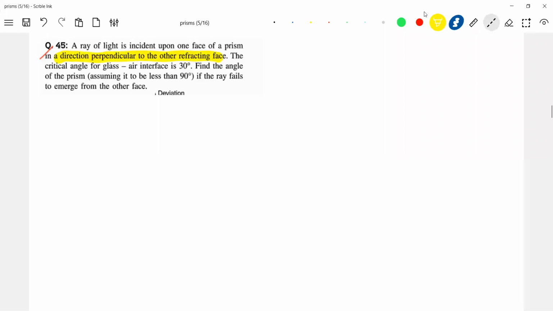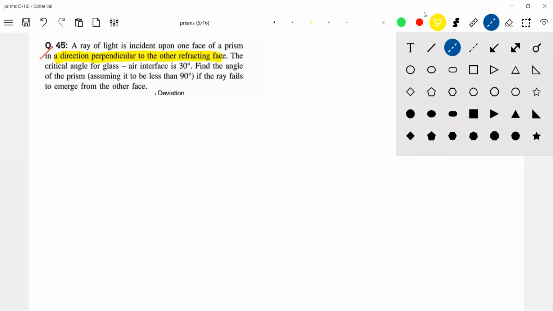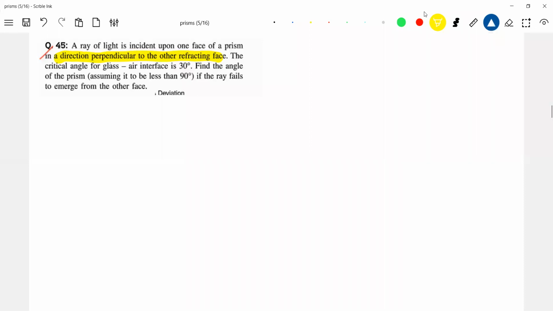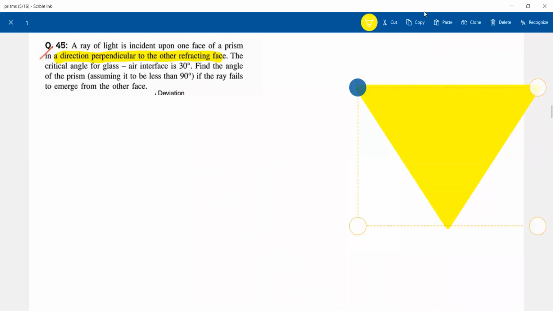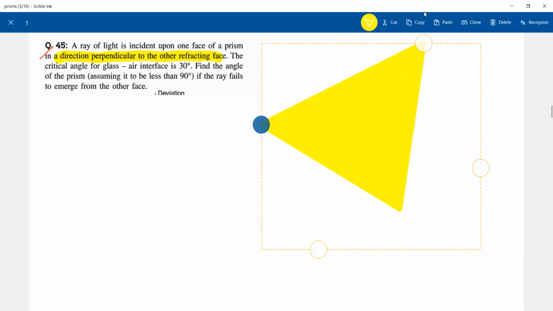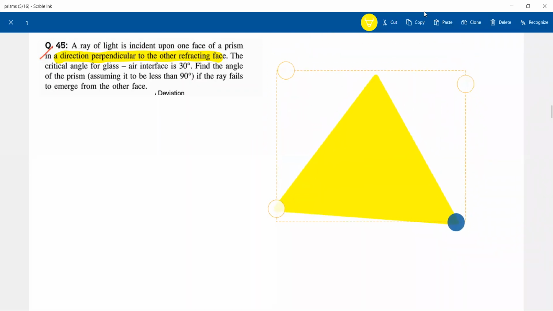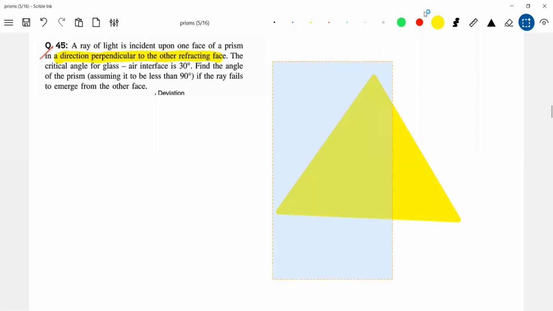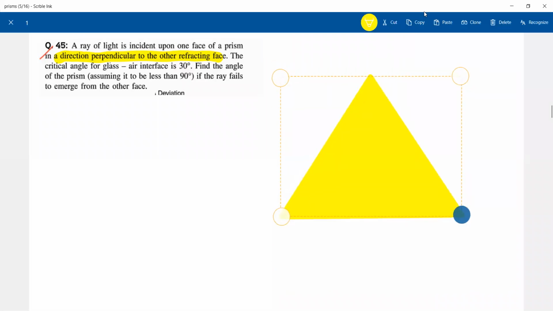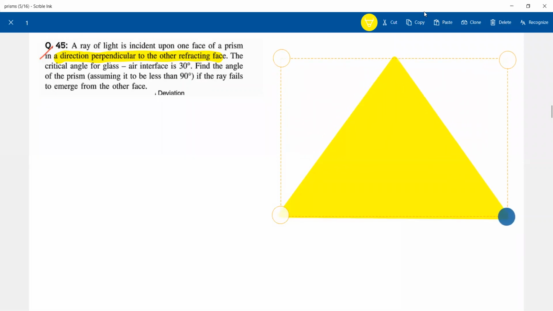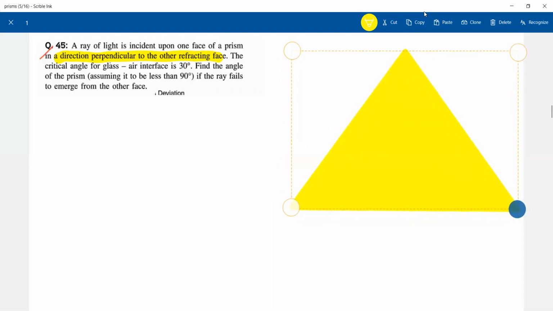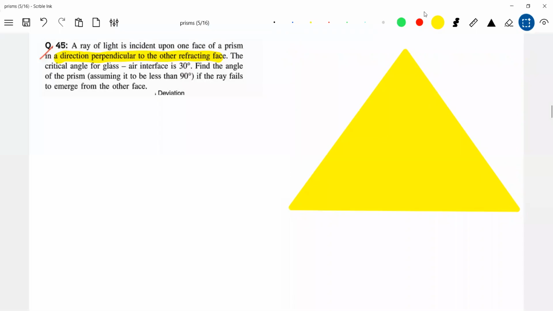Okay, now let's get into the diagram. The ray is incident normally.